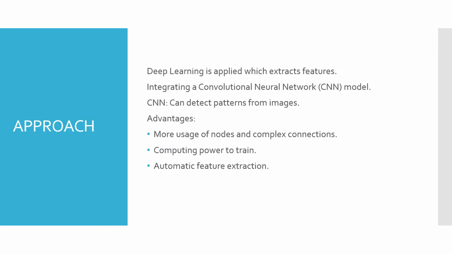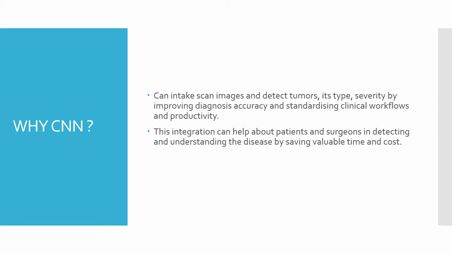So the model is built using TensorFlow and convolution neural network, and these are the advantages of a CNN model. The reason for using CNN is that it can intake scan images, detect the tumor types, severity, and provide accurate results.